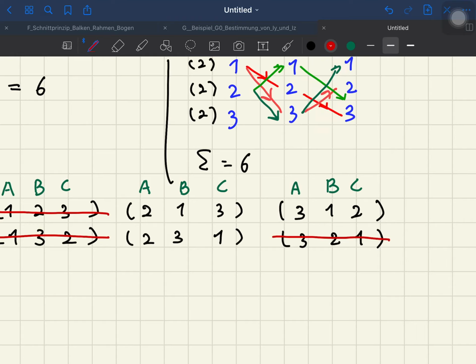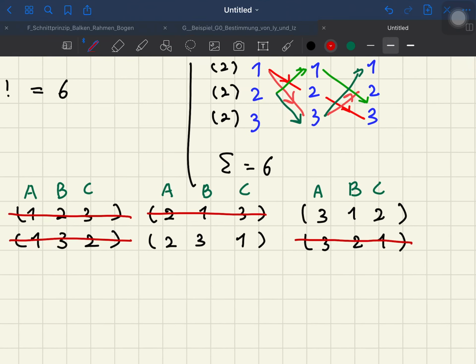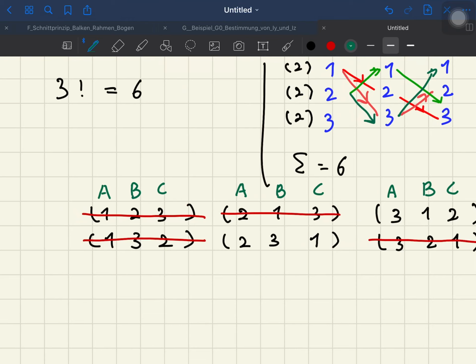And then we must ensure that person C must receive no letter 3. So this one is cancelled out. Hence, what we have left is 2, 3, 1, and 3, 1, 2. So in total, we have 2 cases where each person receives no his or her own letter.